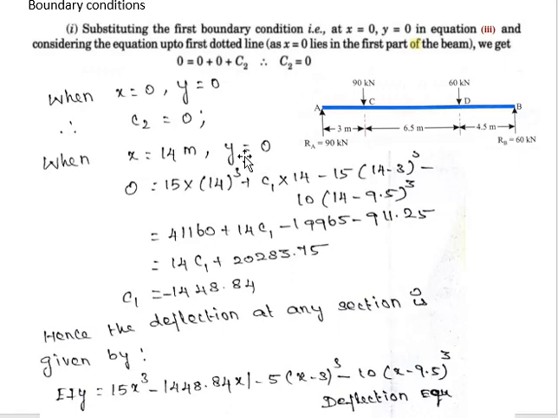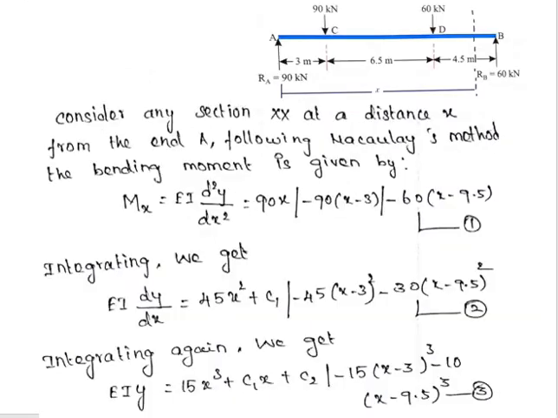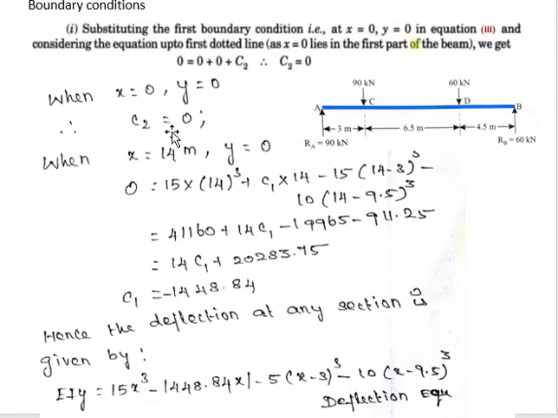So I substitute the first boundary condition, x equal to 0 and y equal to 0, in the deflection equation EI into y equal to. In this deflection equation I get the value C2 equal to 0.